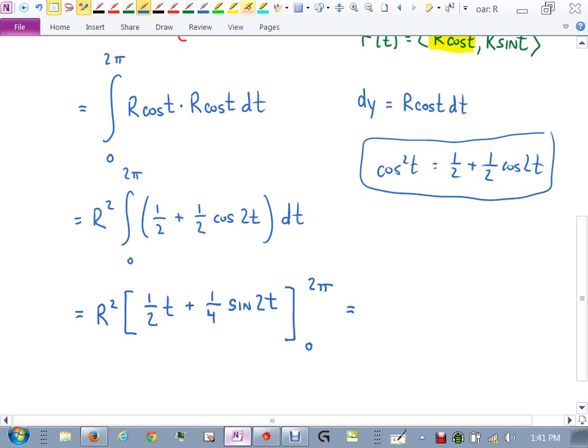You get 2 pi here, right? Cancels with the 2, so you just get pi. So with the R squared, you just get pi there. What happens when you plug 2 pi in right here? You get 4 pi and then sine of 4 pi is 0, so that's all 0. So we get plus 0 here. And when you plug in 0, you get 0, so everything else goes away. So all you get is pi capital R squared. Same result.